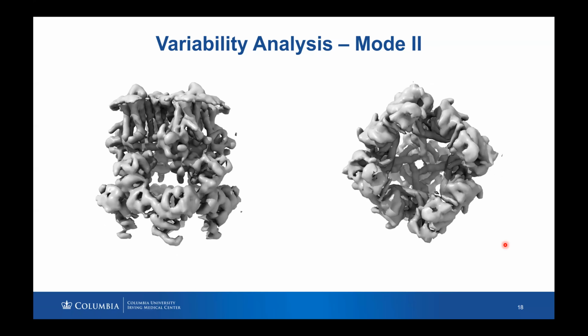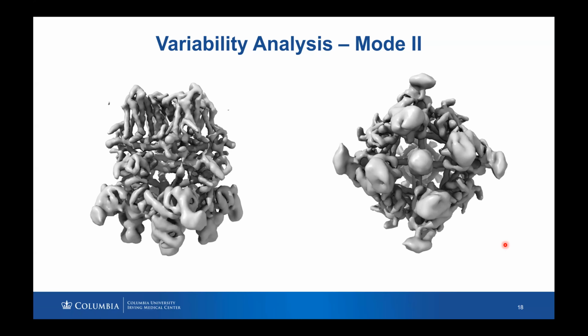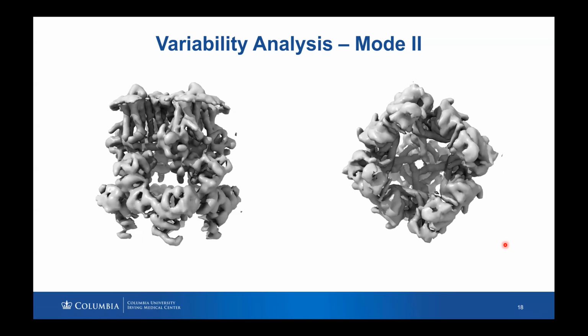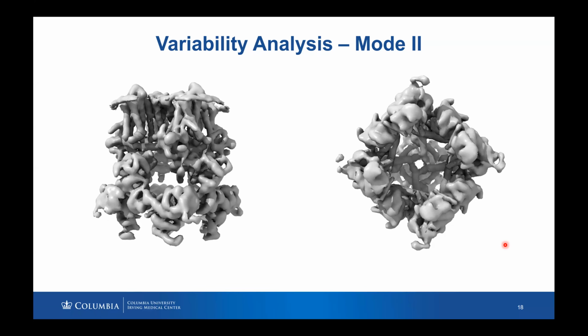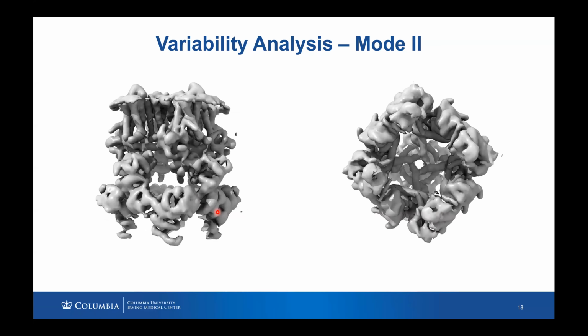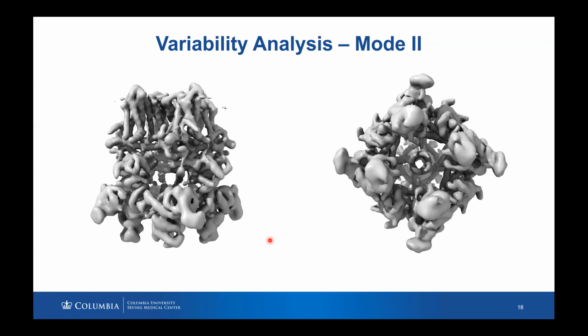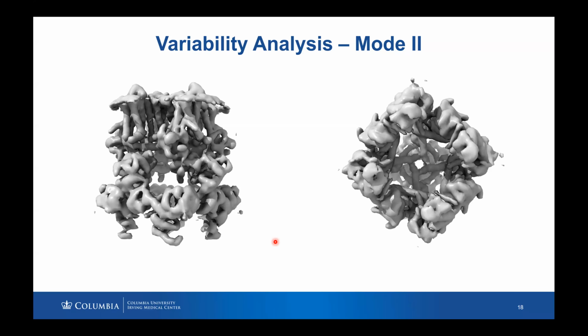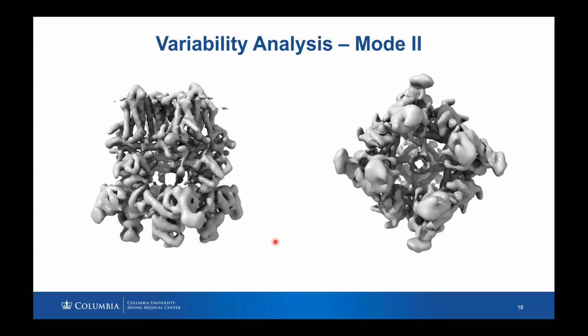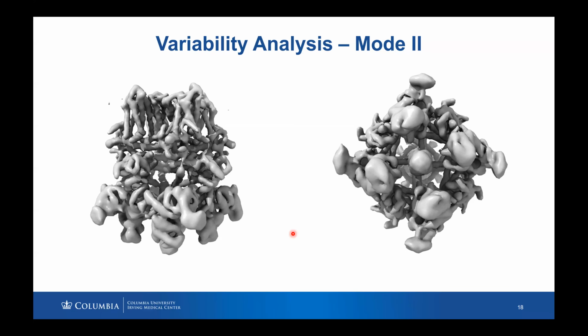And what else is happening, at least this is my impression based on the C1 symmetry refinements, is that sporadically the MHR domains, the lower part, any of them can just unfold. It can be 1 unfolded, 2 unfolded, or 3 unfolded.